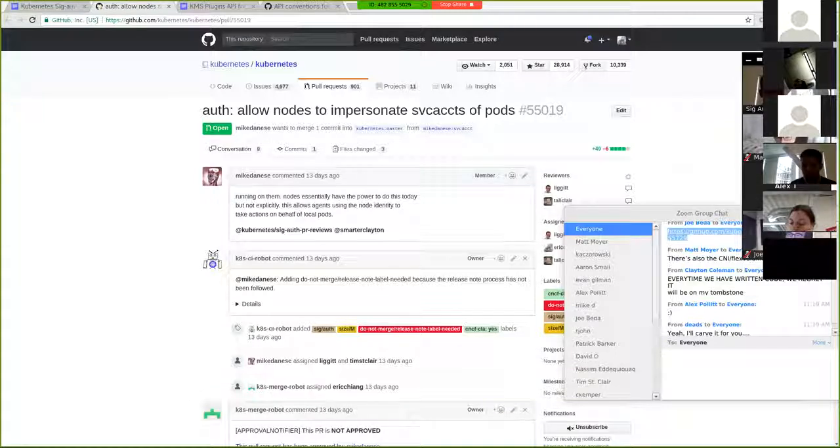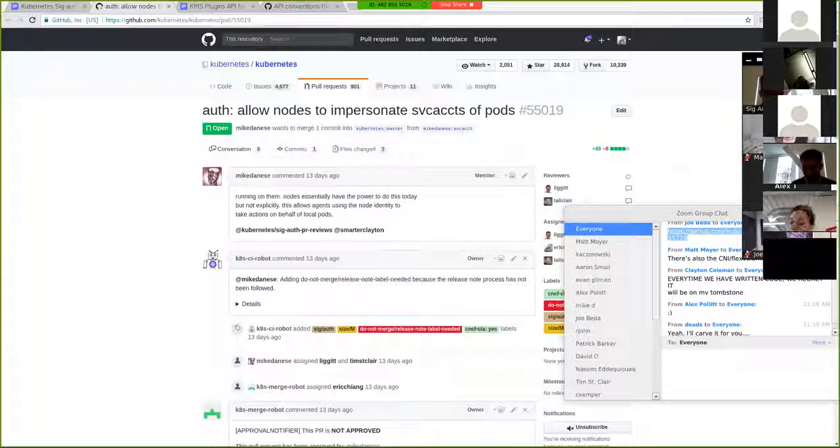I don't expect it to get in 1.9 or in its current form, but I wanted to start discussion of how node credentials could be used to receive pod credentials and how that auth flow would work. The node authorizer is very useful in this situation because it already has the graph of node to pod to service account. So it was easy for me to shim it in there.